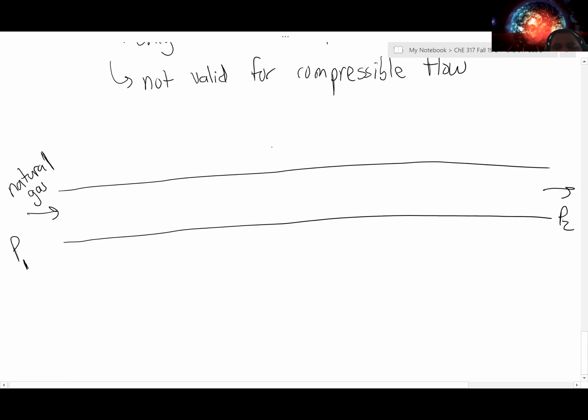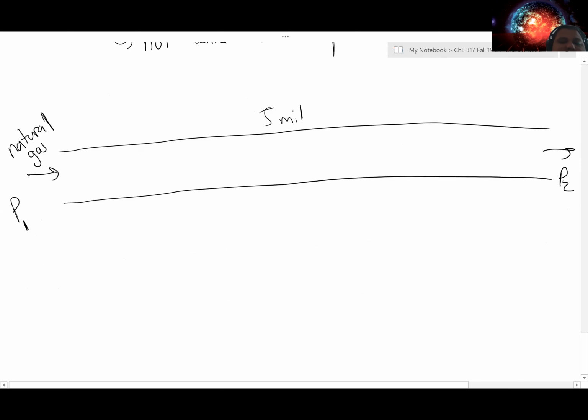It's a long pipe, a 5-mile pipeline of gas moving through the system. Do I expect P1 to be greater than P2, P1 to be equal to P2, or P1 to be less than P2?